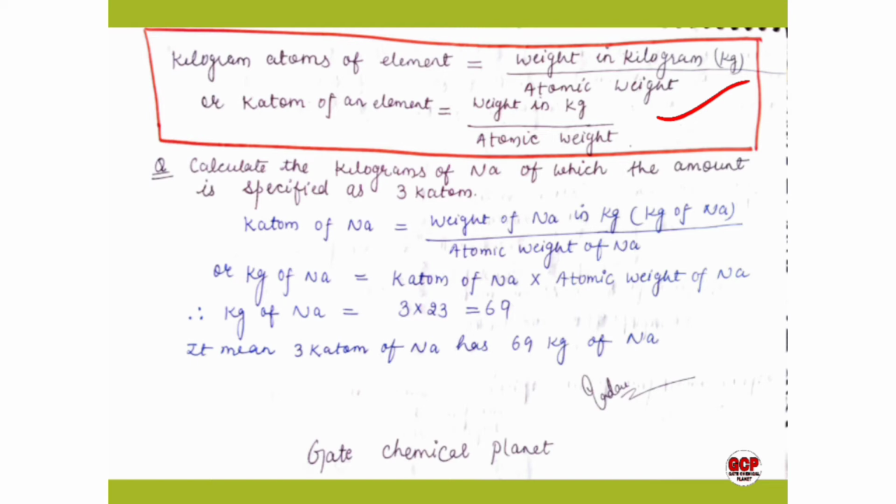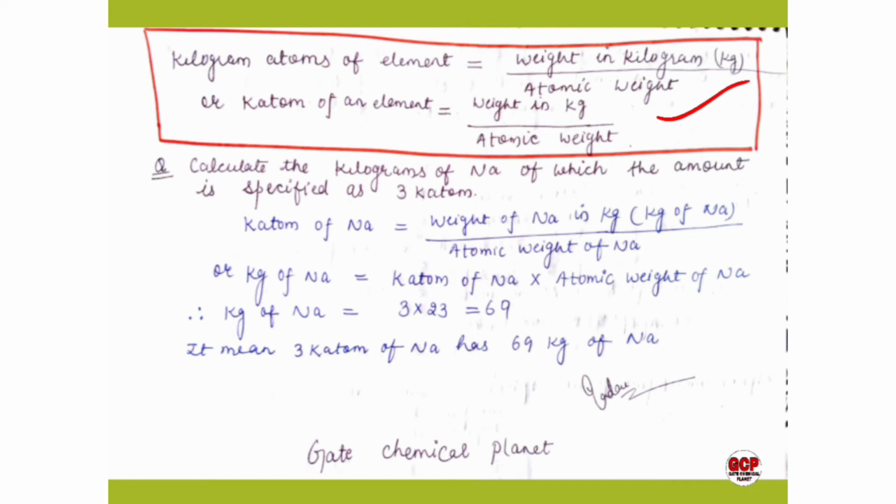So here we will do some numericals. The question is: calculate the kilograms of sodium of which the amount is specified as 3 kilo atom. So 3 kilo atoms of sodium are given, and we have to calculate kilograms of sodium.